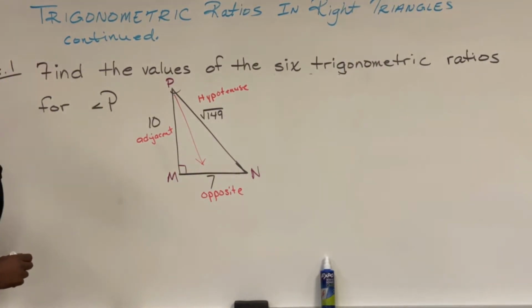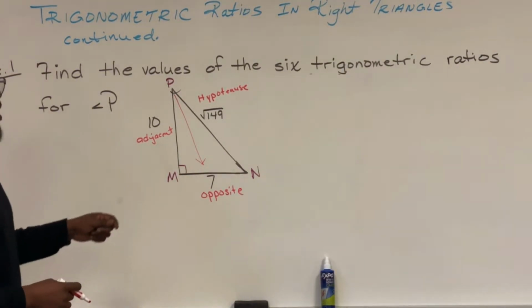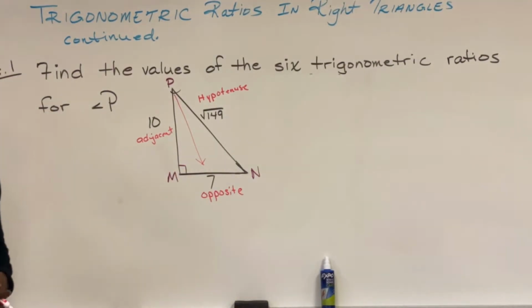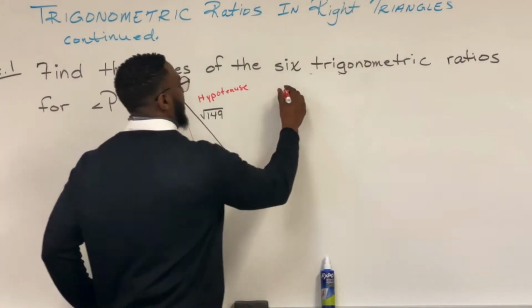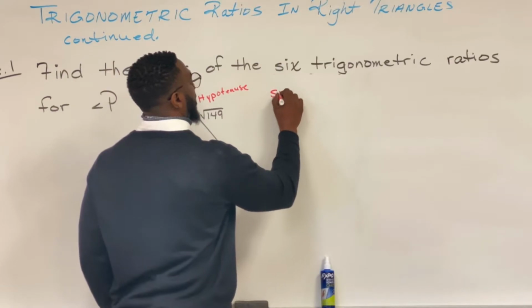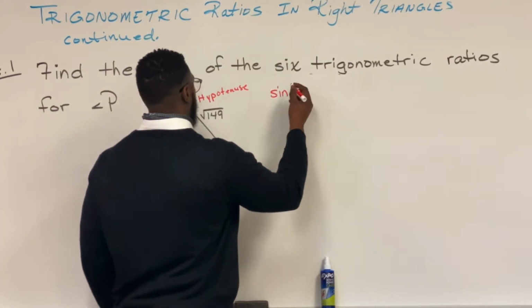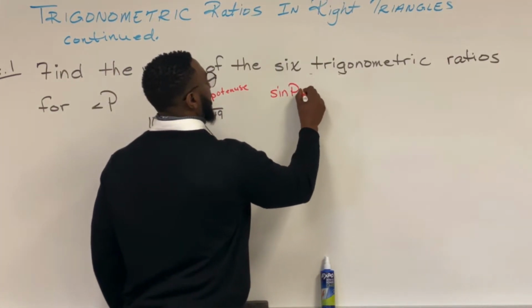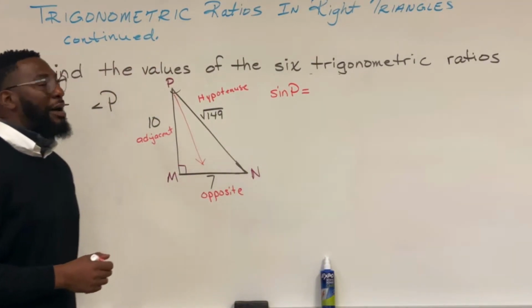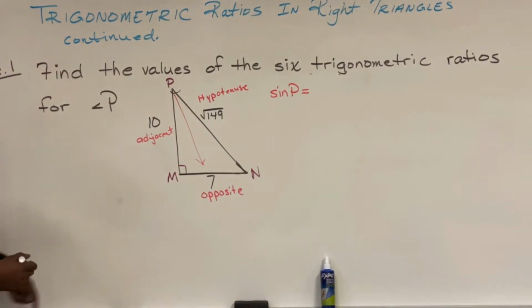From this point, we find our trig functions. We start off with the sine of P equals opposite over hypotenuse.